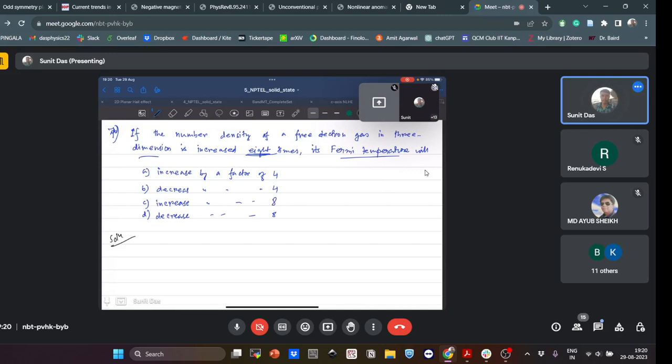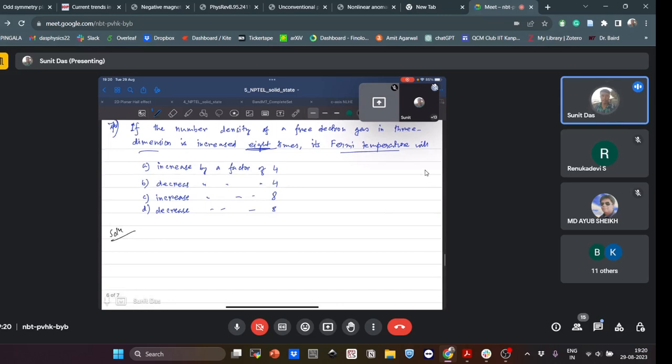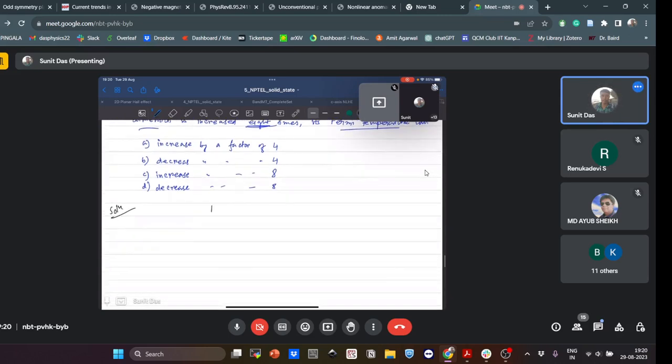Okay, so let me solve the problem. Fermi energy for 3D again, h bar square by 2m times (3 pi square n) to the power 2/3, right?